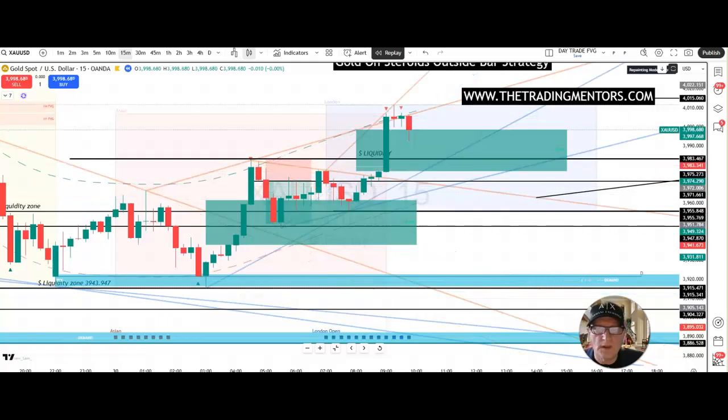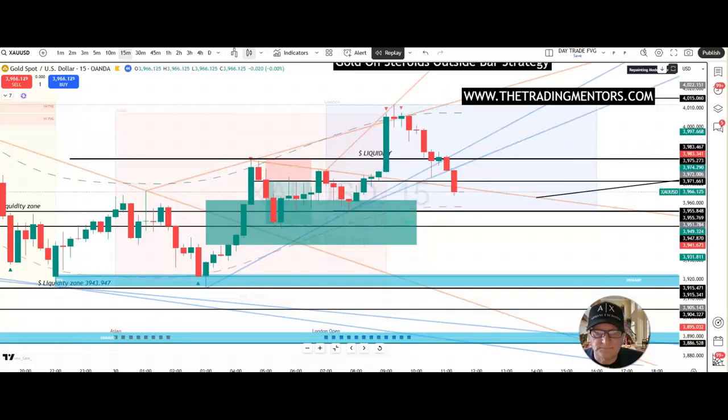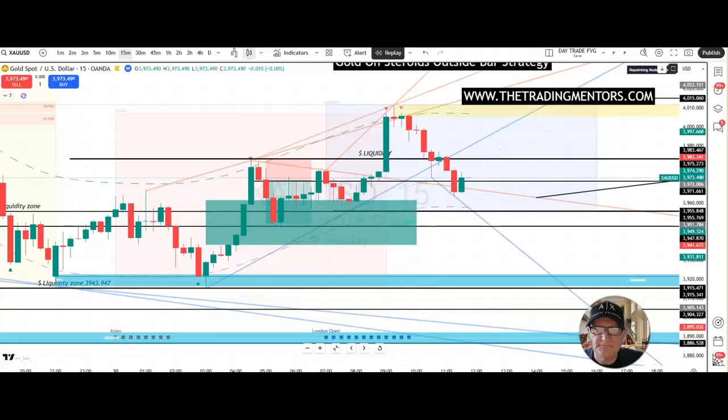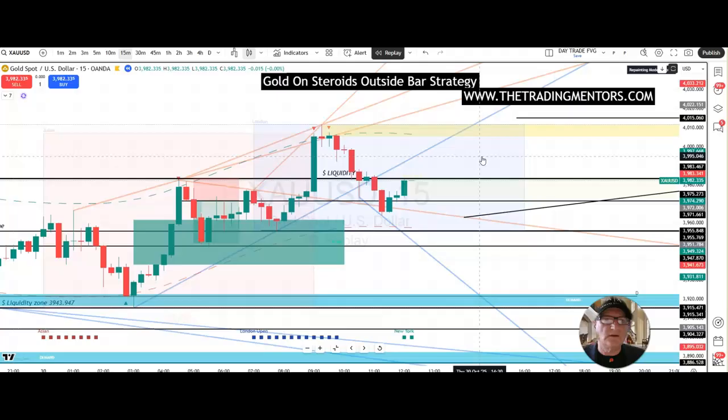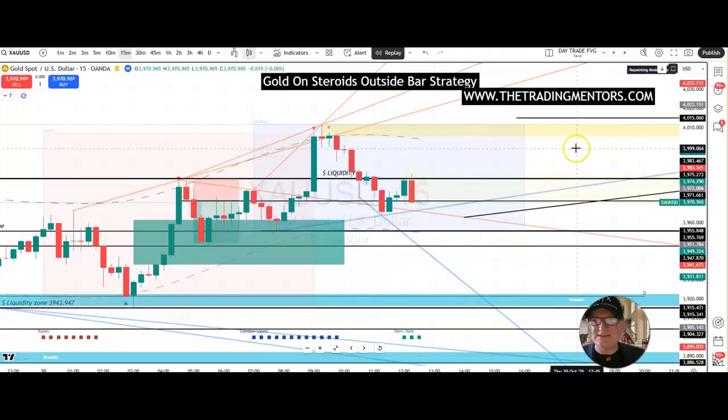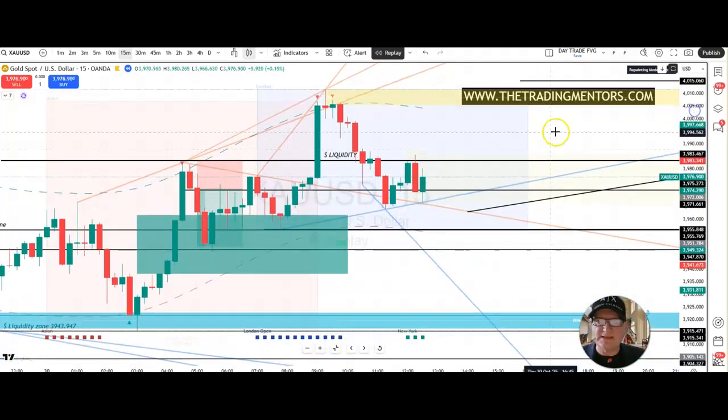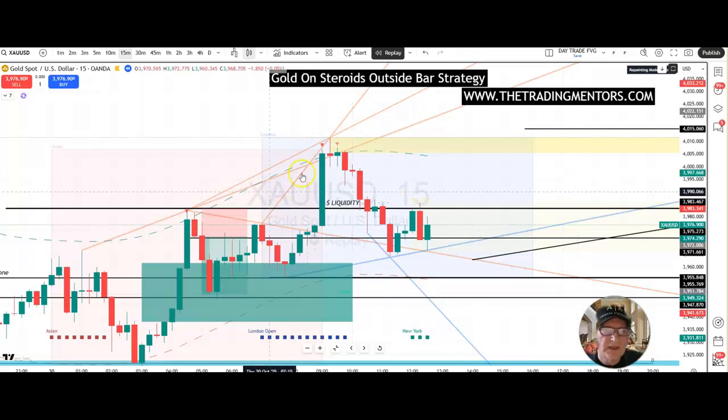Outside bar there. So again, let's freeze that. Let's get a bit closer. So here we can draw a line. We have the liquidity zone here.